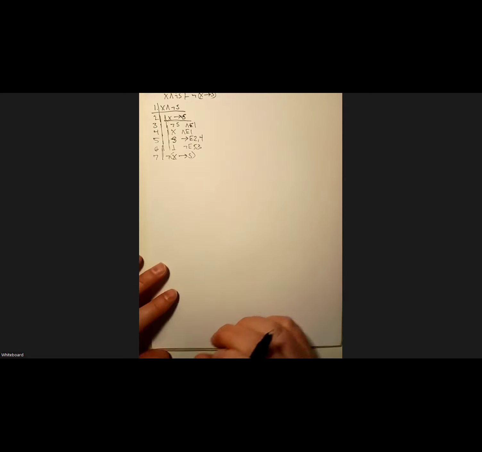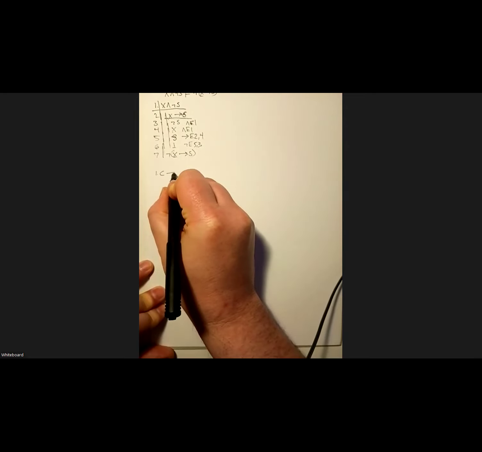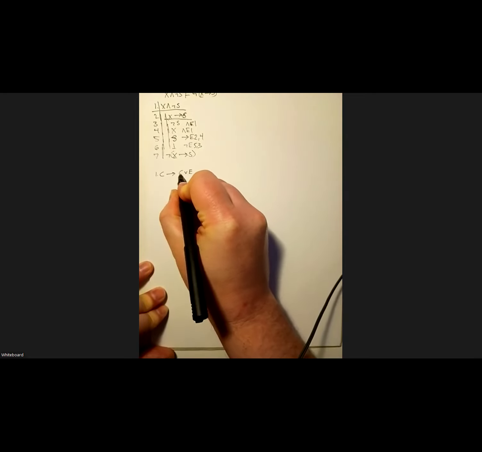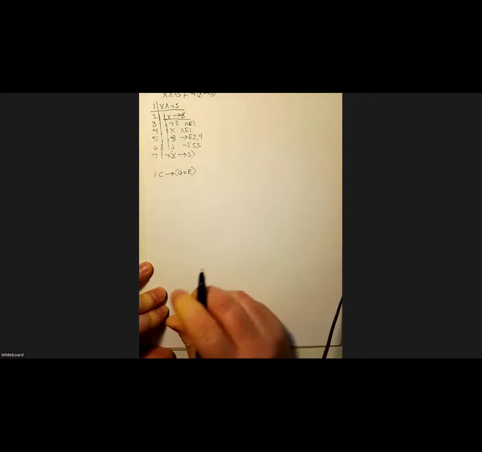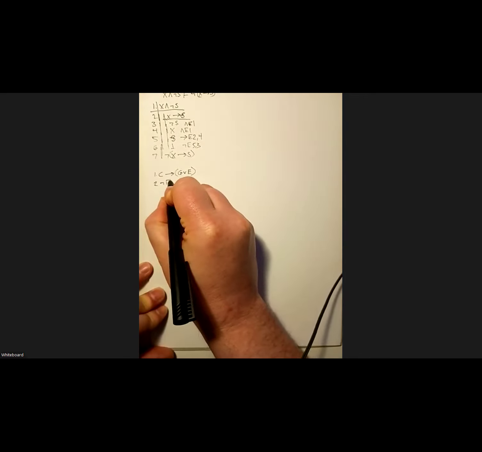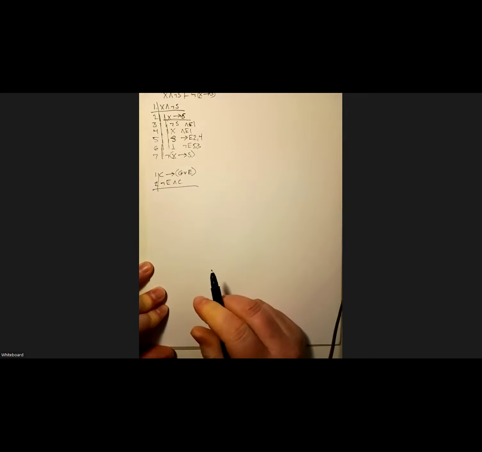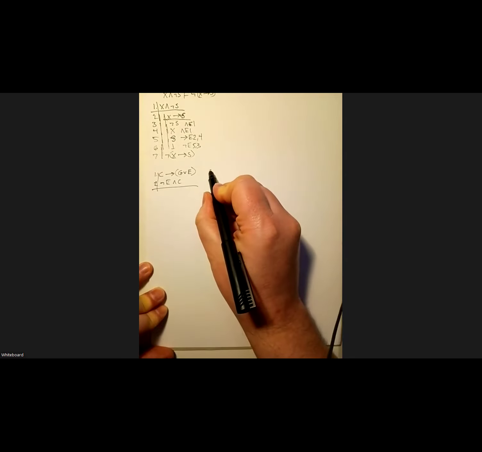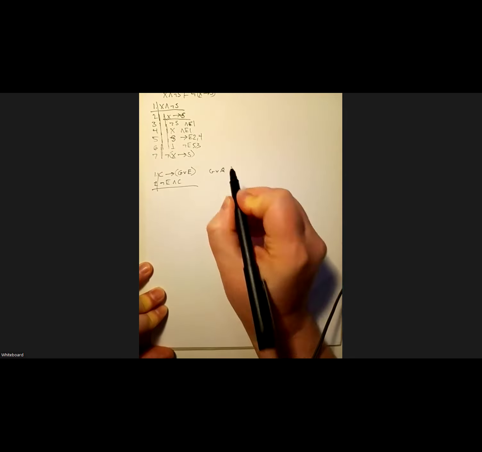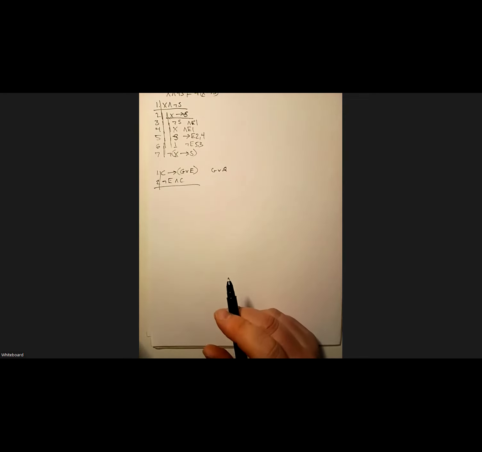Our second one, I'm just going to write down the assumptions, right? So we have that conditional, and we have not E and C. And the conclusion we want to get to is G or Q. So we can again start here by thinking about how we want to go through this proof.